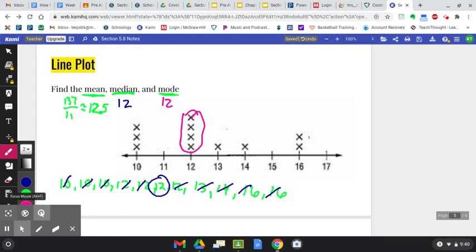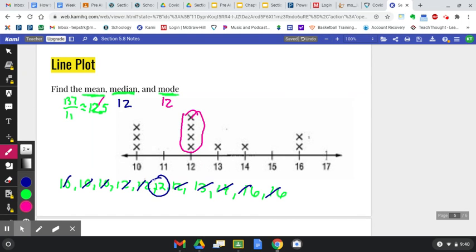All right, so to find the mean or the average, if you total them all up, it's 137. There were 11 points, so divide by 11, and you get approximately 12.5. It was 12.45, so we rounded that up to 12.5. The median, there was an odd number of values, so it's going to actually be one of our values.